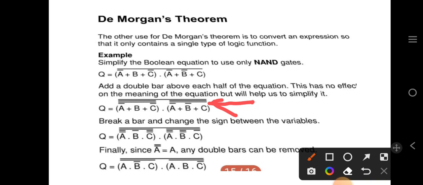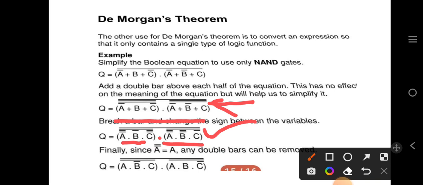So in this case here we have split the third bar and we got the equation A double bar dot B bar dot C double bar complete bar dot A double bar dot B double bar dot C bar complete bar, and these both equations have AND gate between them and a bar above them.